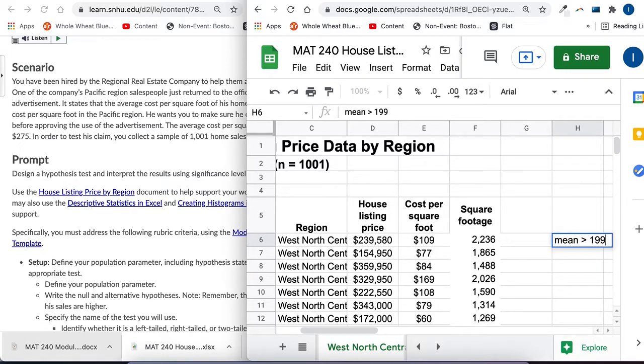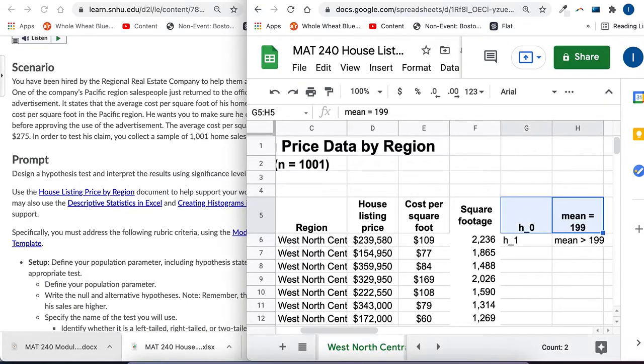Let's say it's like 199. Okay, so in order to formally state that hypothesis, this is my H1, my H sub 0, that's your null hypothesis. I just made up the number 199.